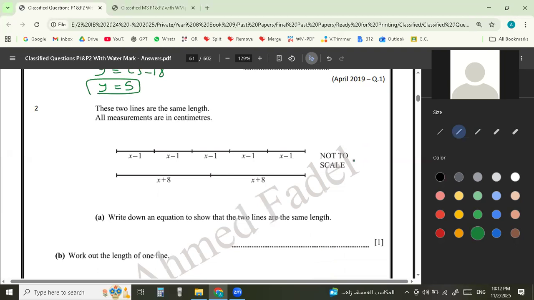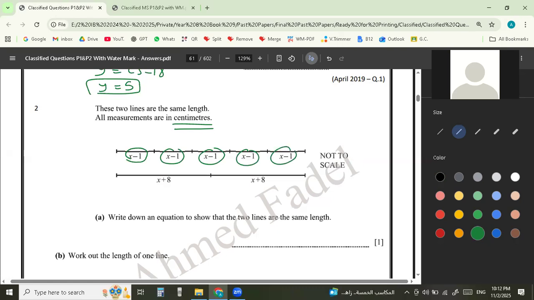Here they're telling you these two lines are the same length. They have exactly the same length. All measurements are in centimeters. Write down an equation to show that the two lines are exactly the same length. So the equation that I'm going to write is, they're telling you that here we got 1, 2, 3, 4, 5 of x minus 1.